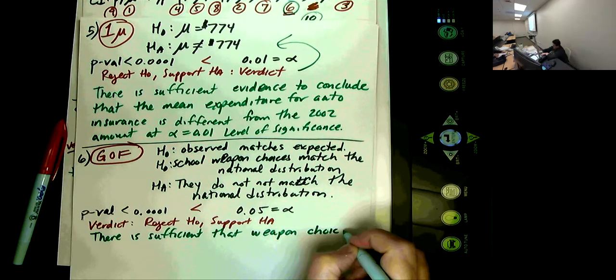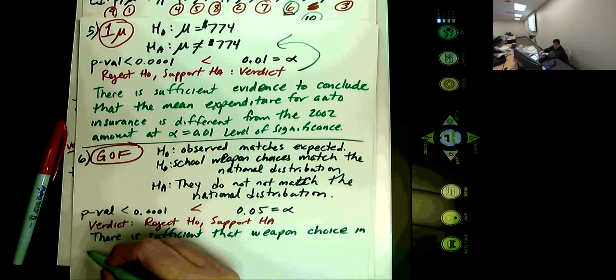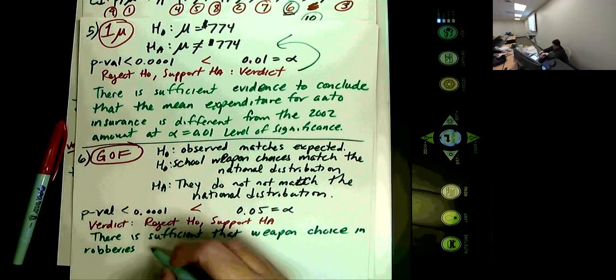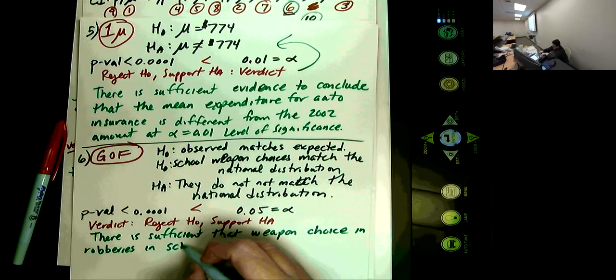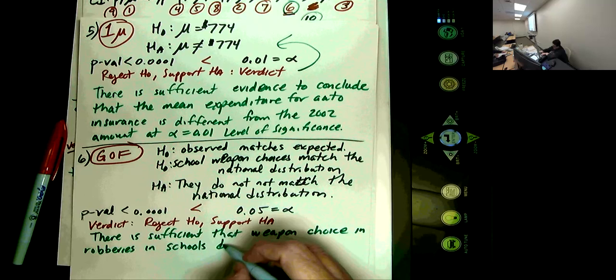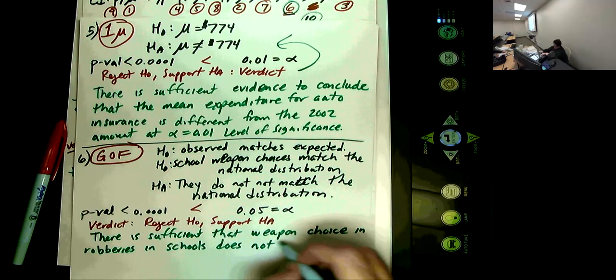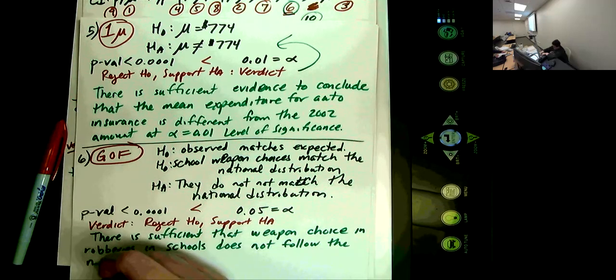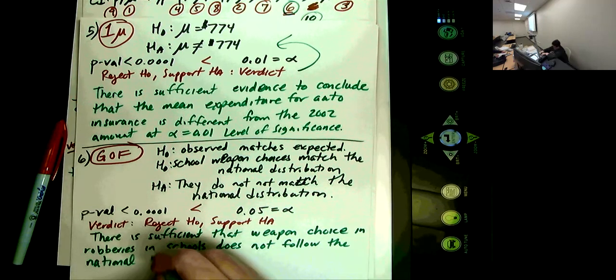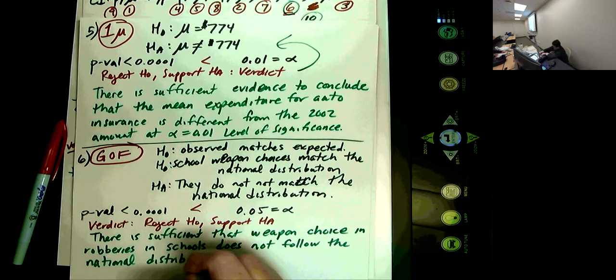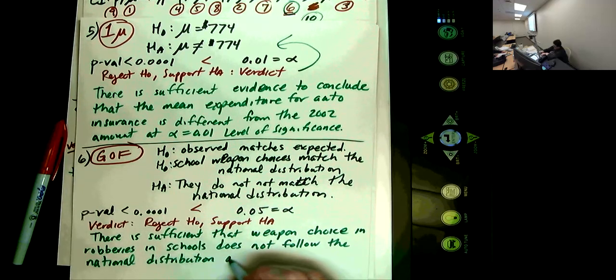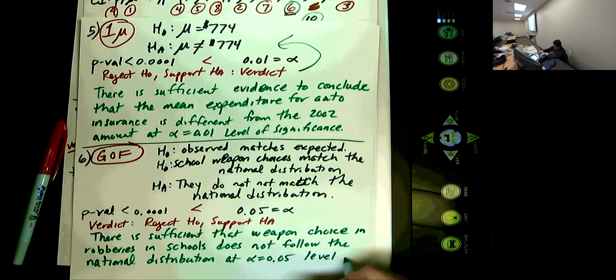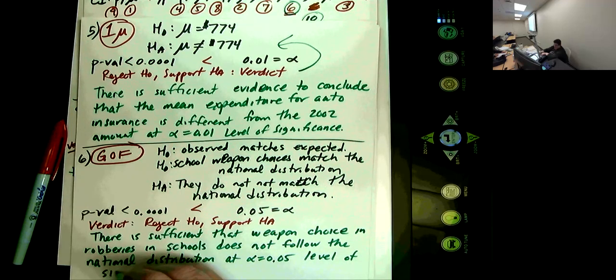That weapon choice in robberies in schools does not follow the national distribution. At alpha equals 0.05 level of significance.